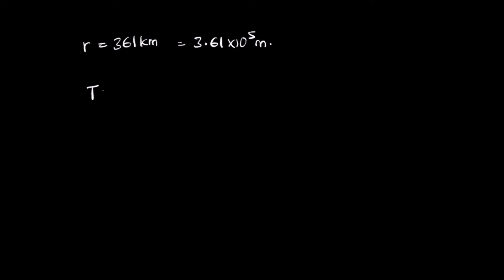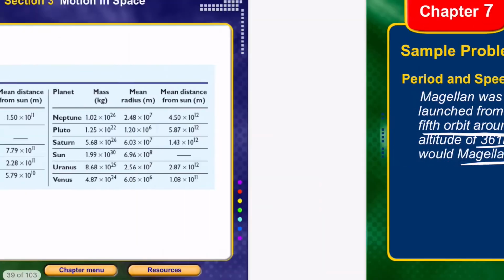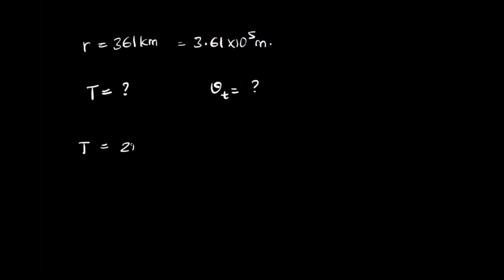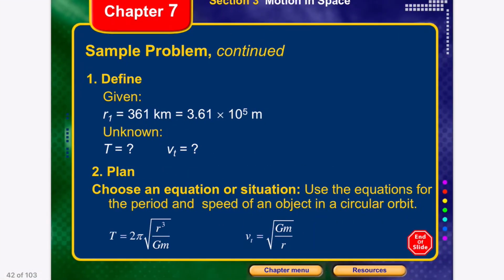Now we have to calculate T and we have to calculate v. From Kepler's third law, we can calculate T equals 2 pi times the square root of r cubed by GM. Now the first thing that we need here is the actual mass.